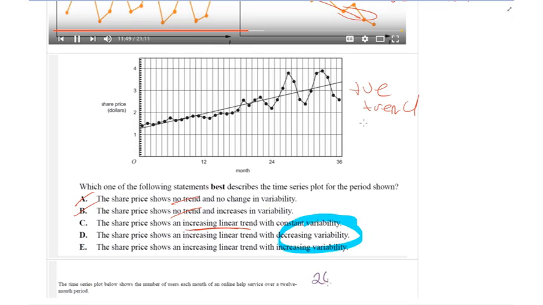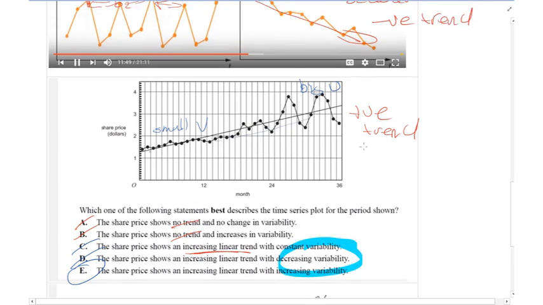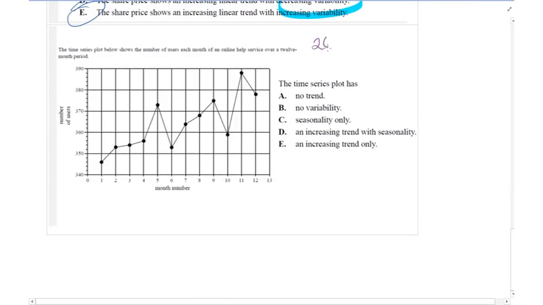Constant variability: does that have constant variability? It's starting out small, getting bigger. I would say not C for that reason. Is the variability going from big to small or small to big? It's got small variability, then big variability. So I would say it's increasing. That's why you can rule it out and you call it E. That was also, from memory, a past exam question.